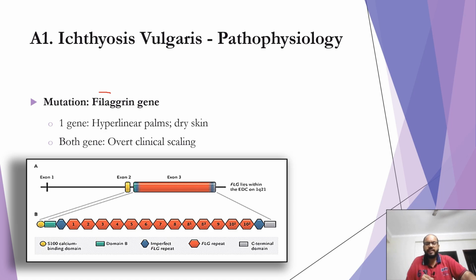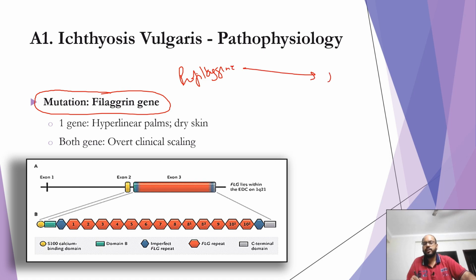The mutation is in the filaggrin gene. And if you've gone through last week's lecture, you know that profilaggrin gets converted into filaggrin. And this is one of the most important proteins in keratinization. And it is one of the most important constituents of keratohyalin granules. Just remember that.